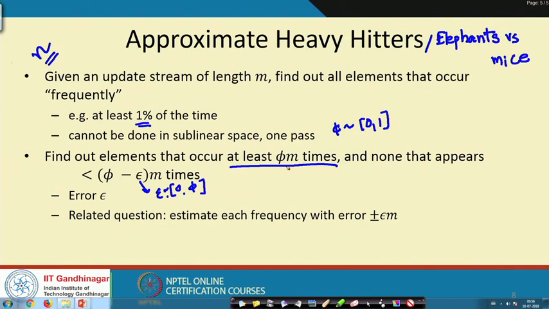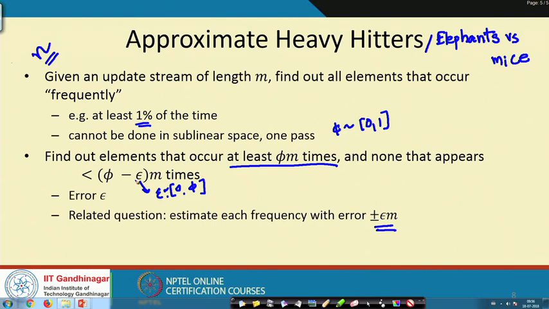A very related question, and one that we will actually tackle in this particular talk, is to estimate each frequency with error plus minus epsilon m for some other epsilon. Do not think of this epsilon and that epsilon as different; you could think of these two epsilons as being the same.